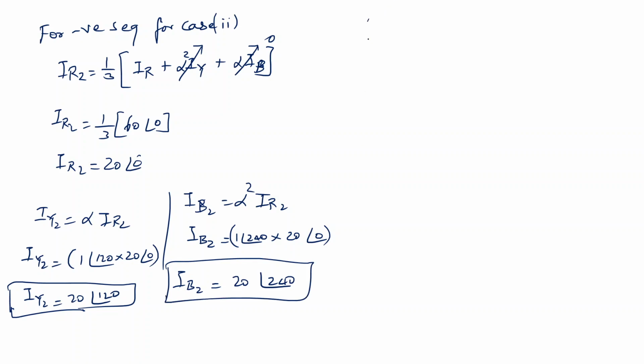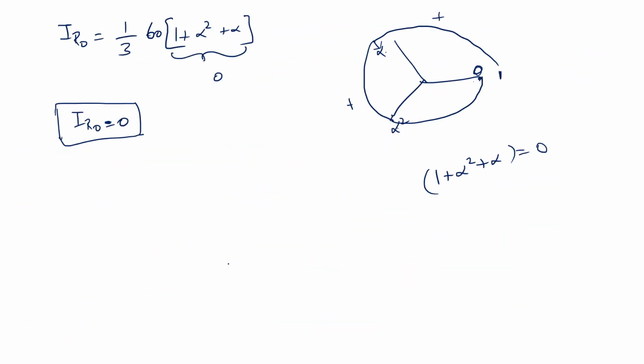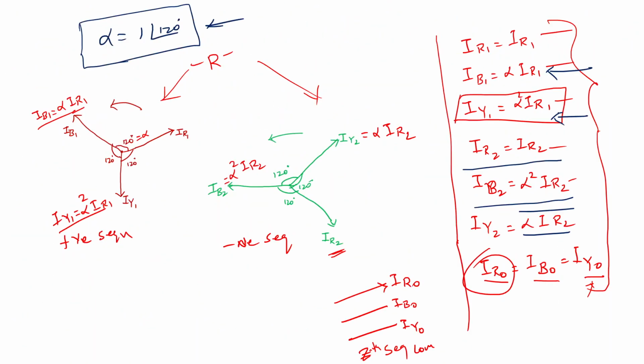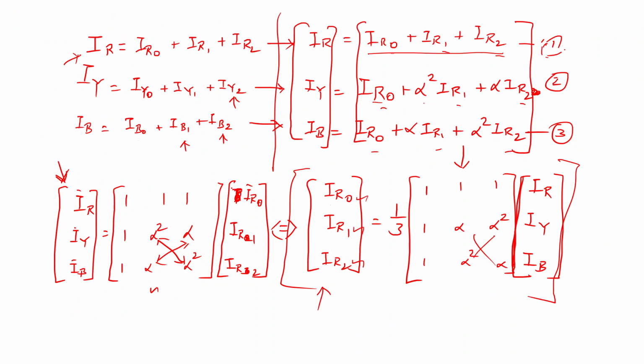So this is the question they have asked. For extra knowledge, let me check what the IR, IY and IB values are from the sequence values we got. As per the formula I mentioned in the beginning, this is the formula for IR, and this is the formula for IY.